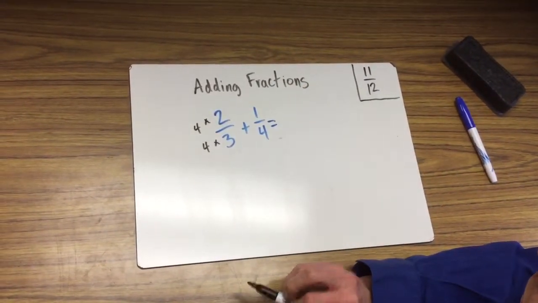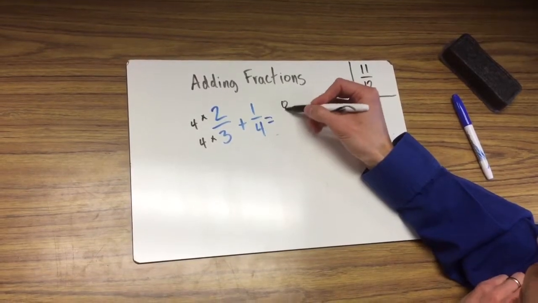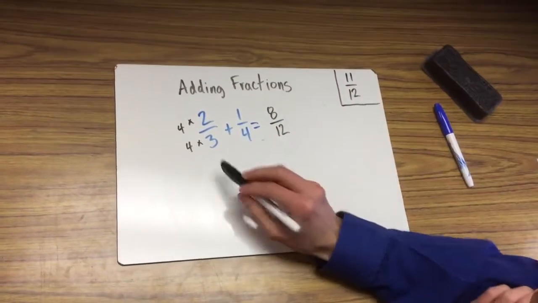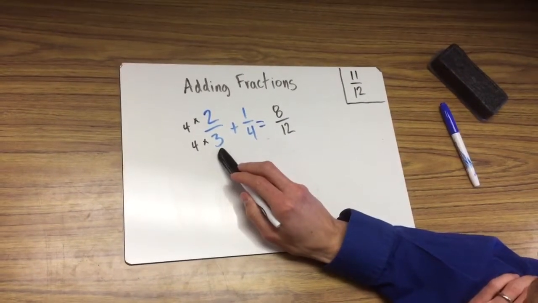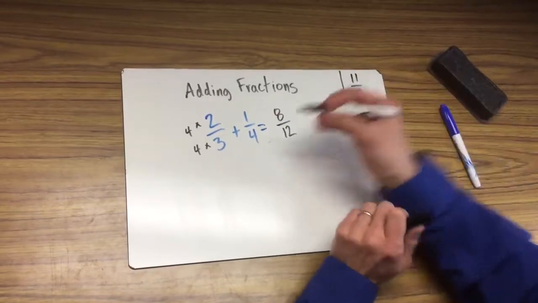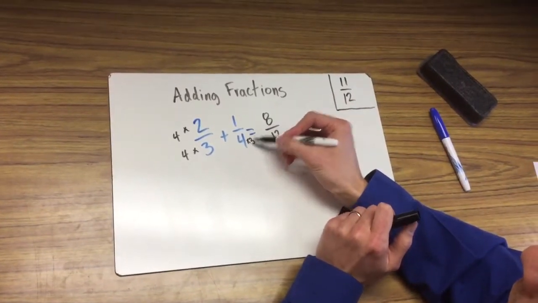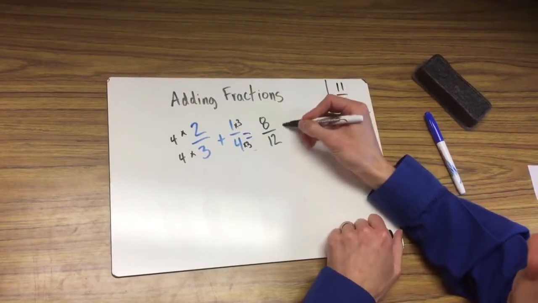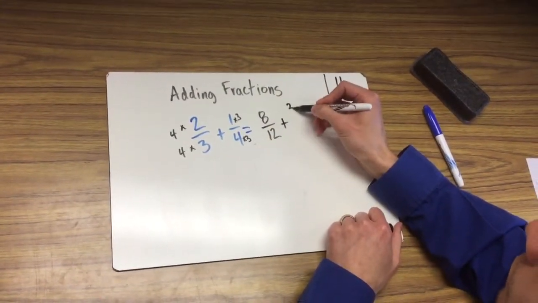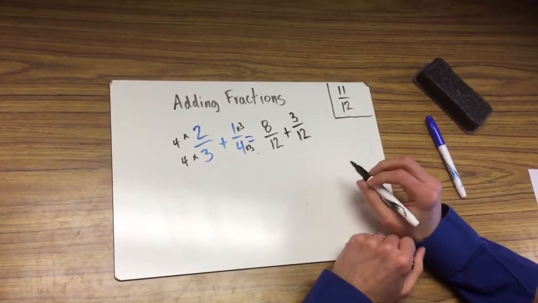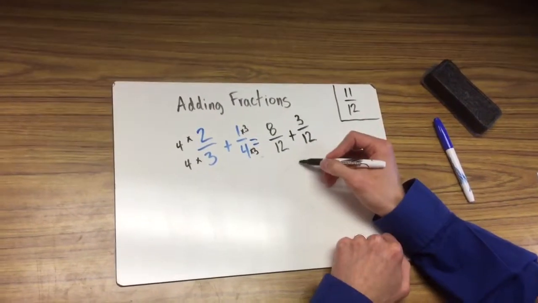So that will give us a new fraction of 8/12. Now we have to take this denominator and multiply it by this fraction. So we're going to multiply the denominator here by 3 and the numerator here by 3. That's going to give us 3/12.